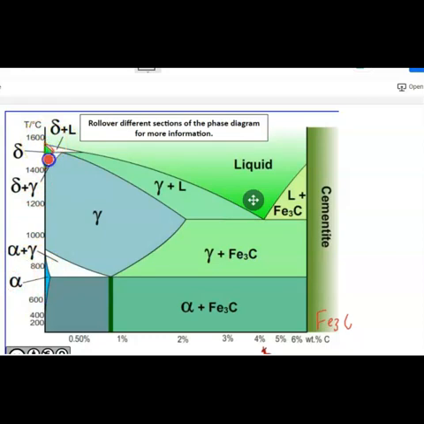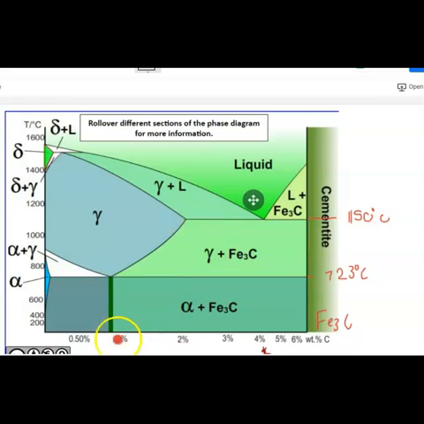This is the delta iron, which only exists between those temperatures. This line is 1150 degrees centigrade. This line is 723 degrees centigrade. This percentage here, all the way down, is 2%.